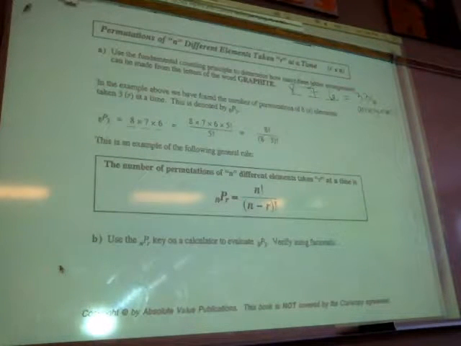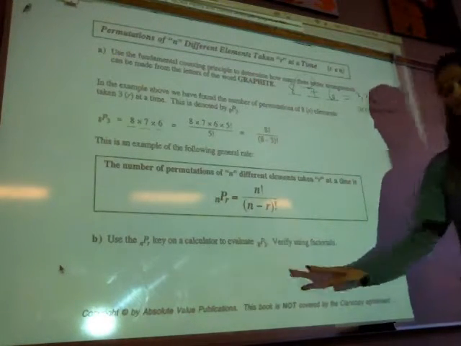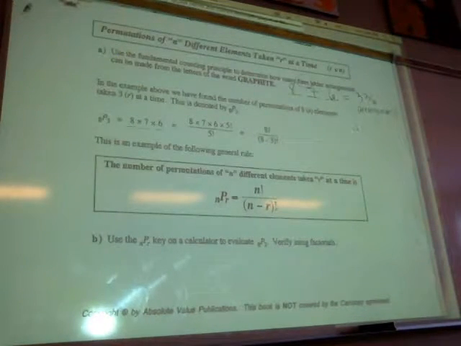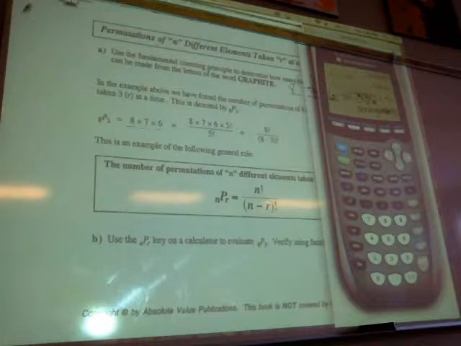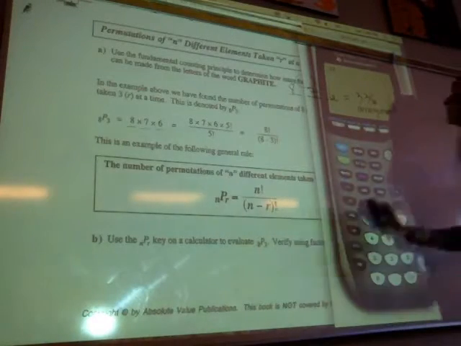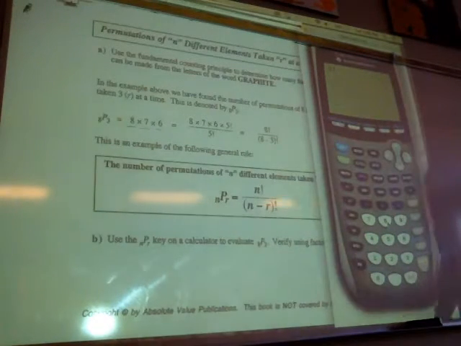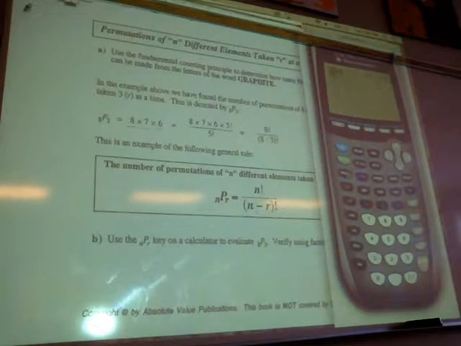Okay, let's use the nPr key, or the permutations key, on our calculator to evaluate 8P3. I'll just show you where you find that. First you put in 8. Then you go to math, over to probability, and number 2 is your permutations key. From 8 options, we're only going to take 3 at a time.